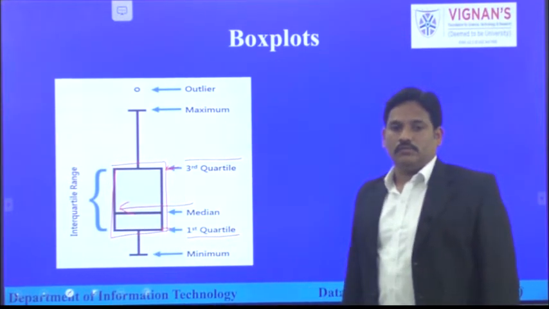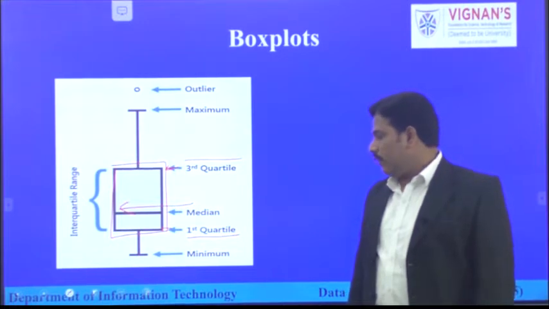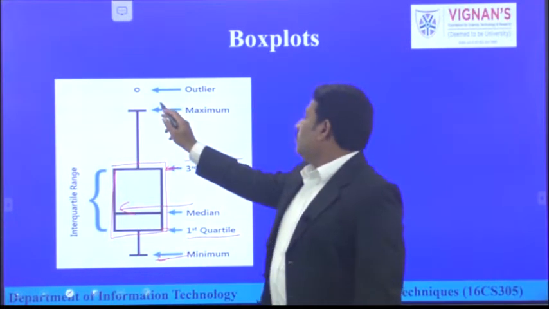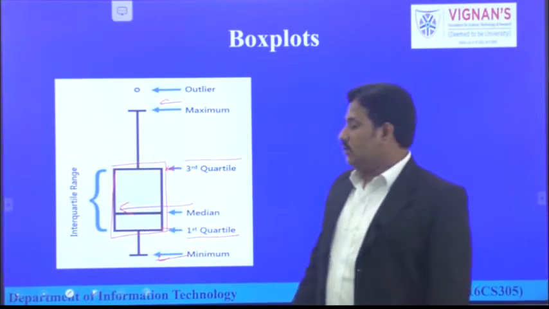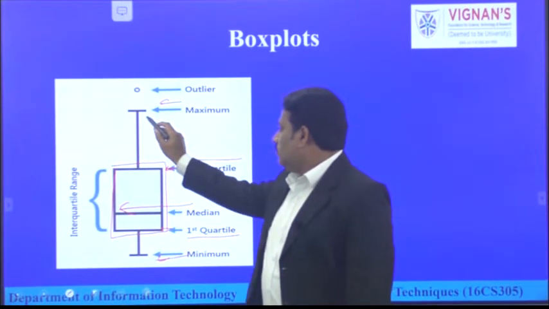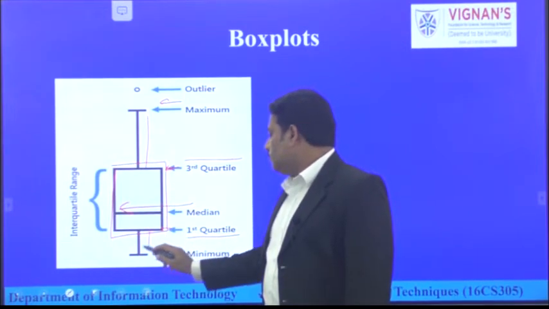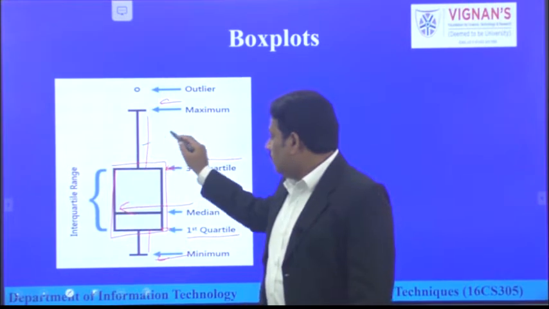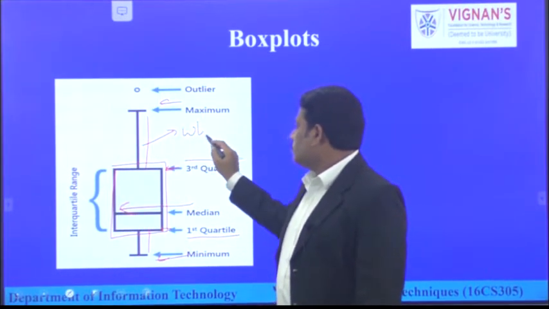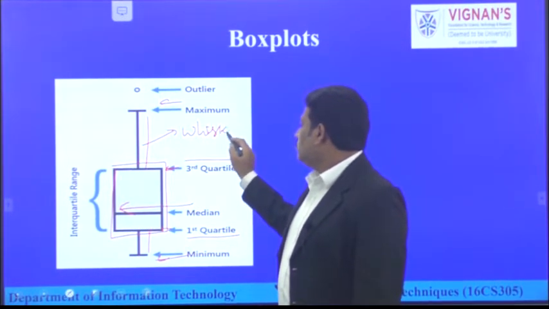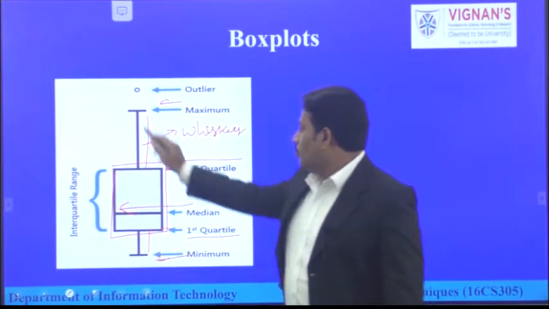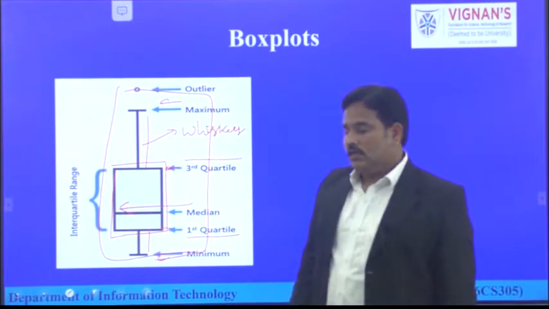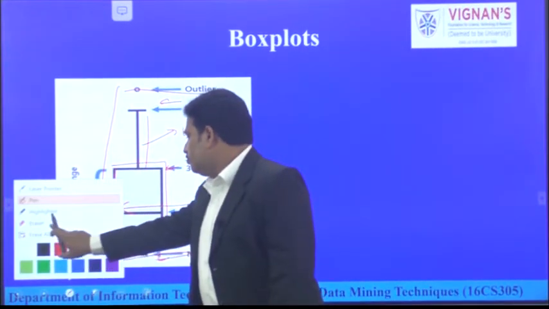The box spans the interquartile range, and the minimum value and maximum value of the data set are attached to this box using lines, generally dotted lines. These lines are called whiskers. The total layout is called a box plot.